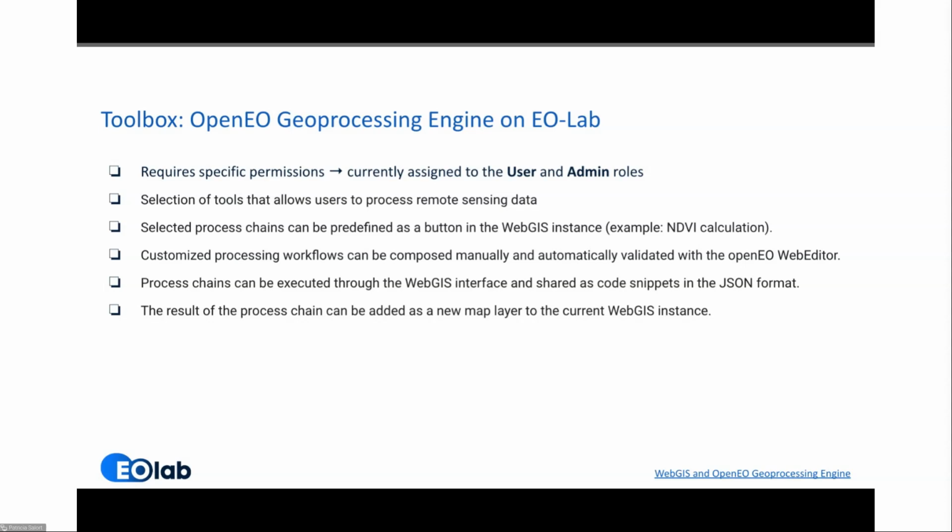Customized processing workflows can be composed manually and automatically validated with the OpenEO web editor. You can also execute process chains through the WebGIS interface and share them as code snippets in the JSON format. And the result of the process chain can be added as a new map layer to the current WebGIS instance.